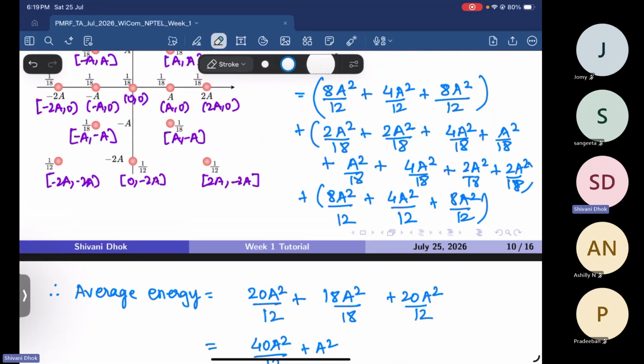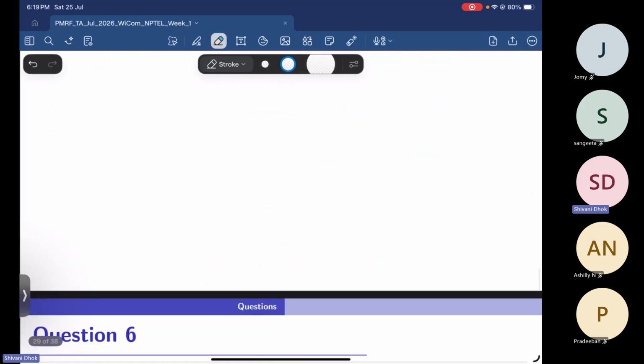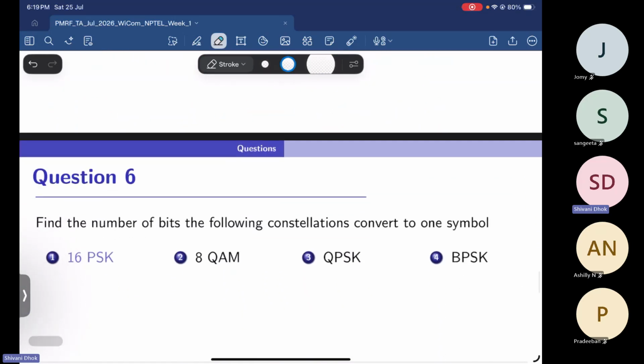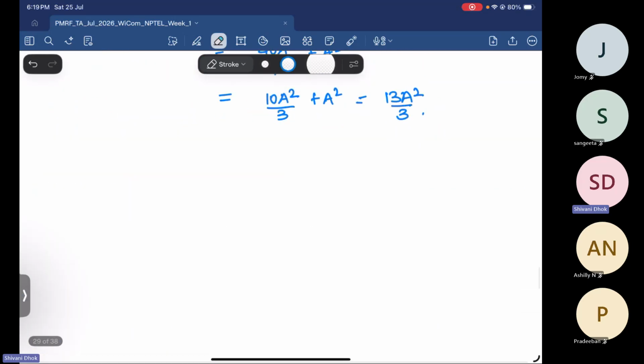I won't recommend going for 256, but you can look at 4 QAM, 16 QAM, and try to derive average energy for those constellations. I hope it answers your question. If you have any other questions, please feel free to ask.